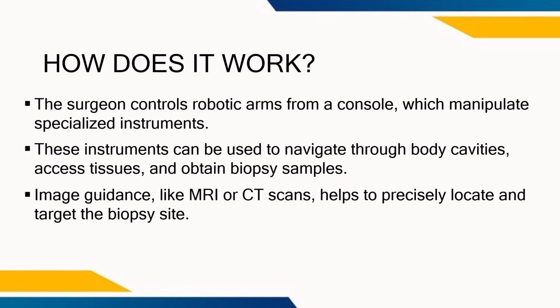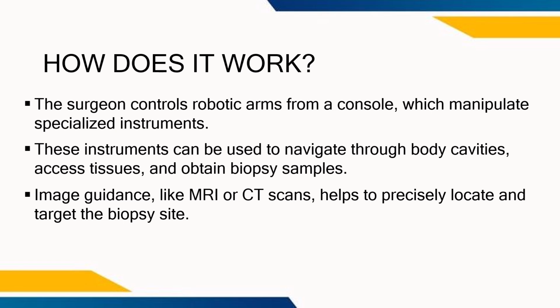Next is how does it work? The surgeon controls robotic arms from a console, which manipulates specialized instruments. These instruments can be used to navigate through body cavities, assess tissues, and obtain biopsy samples. Image guidance like MRI or CT scan helps to precisely locate and target the biopsy site.